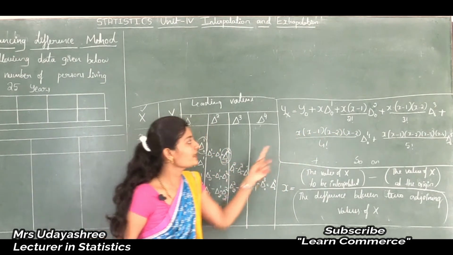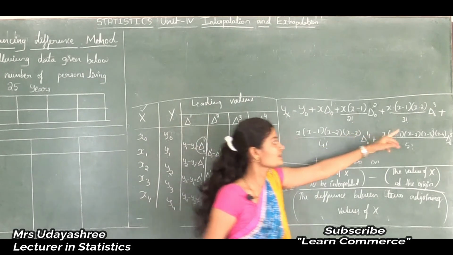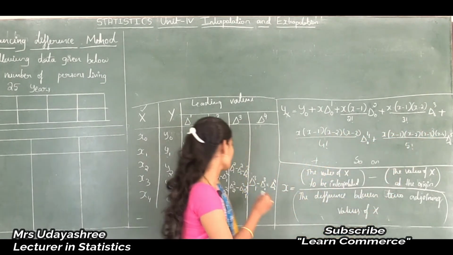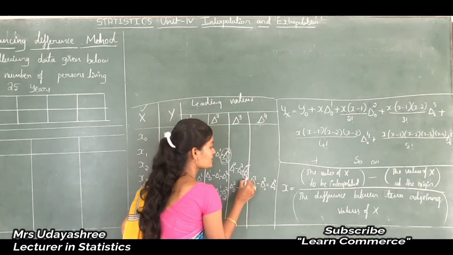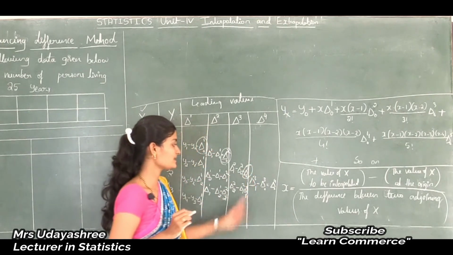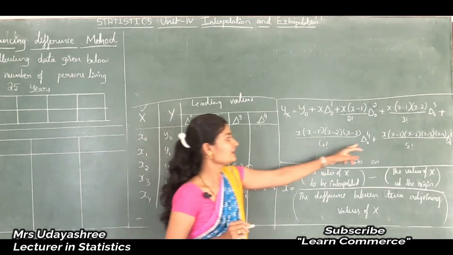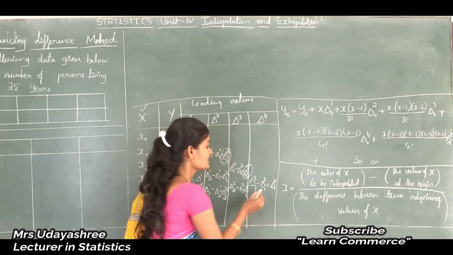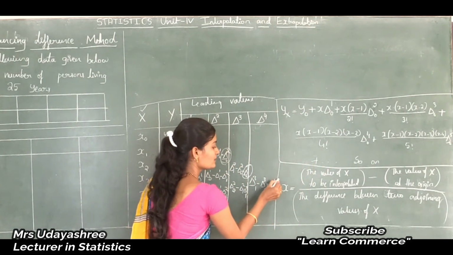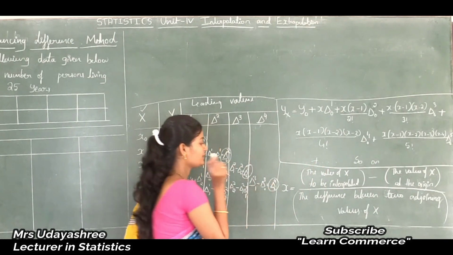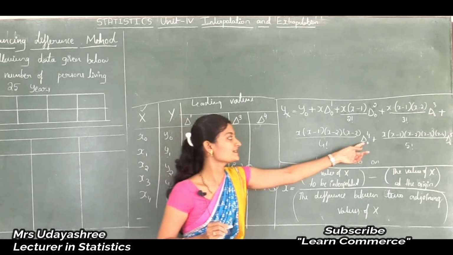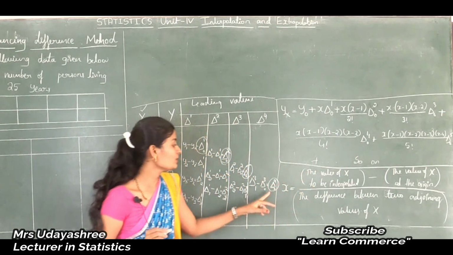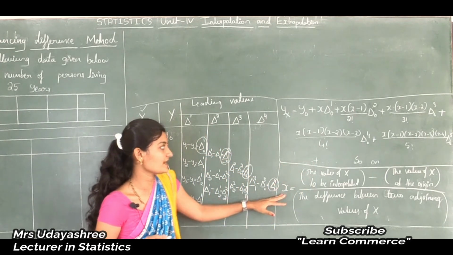Next, delta naught 3: after the calculation we need to substitute this value in the place of delta naught 3. Next, delta naught 4: after the calculation we need to substitute this value in the place of delta naught 4.